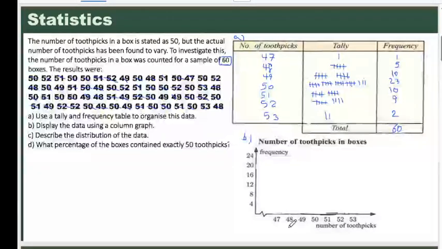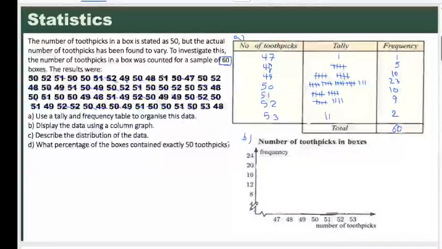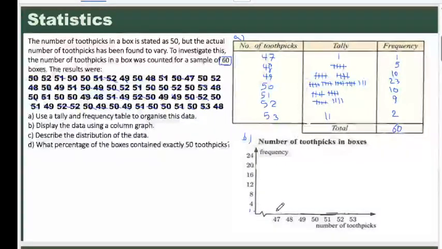The number of toothpicks goes from 47 to 53, so I put 47, 48, 49, 50, 51, 52, and 53. For 47, I had only one, so if I consider one here, it would be here.